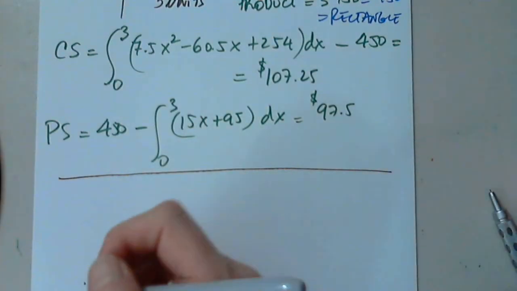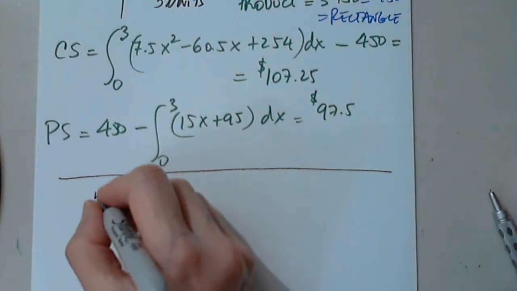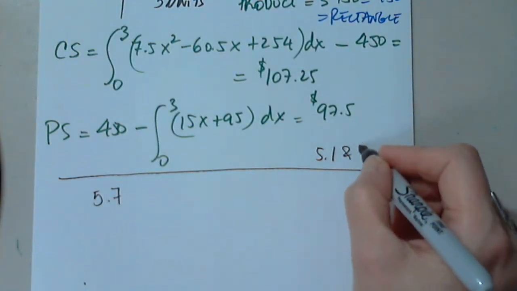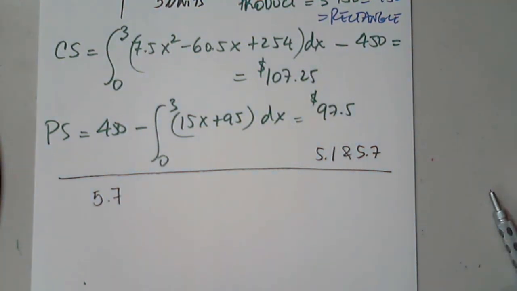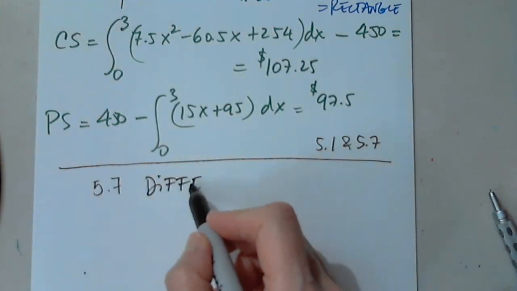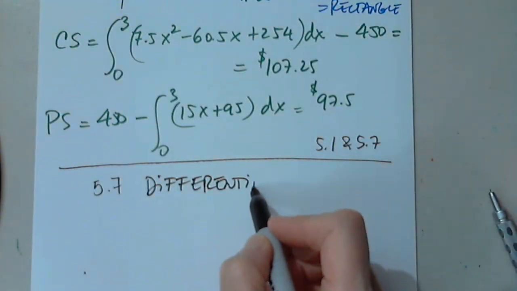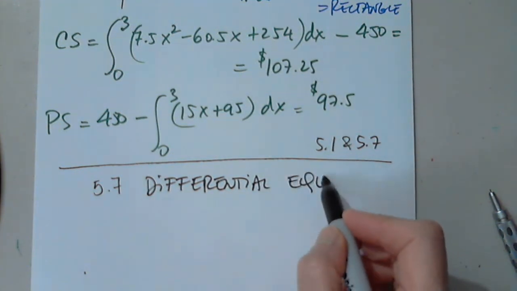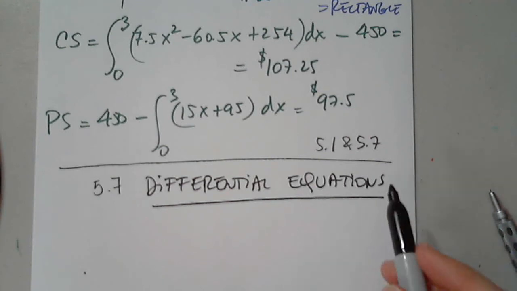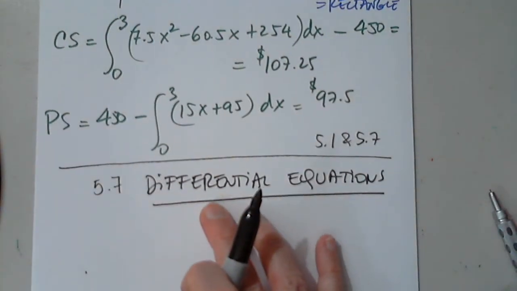The second application here of integration, 5.7, the last section, we only look at 5.1 and 5.7 in chapter 5, is differential equations. So we know what a differential is.